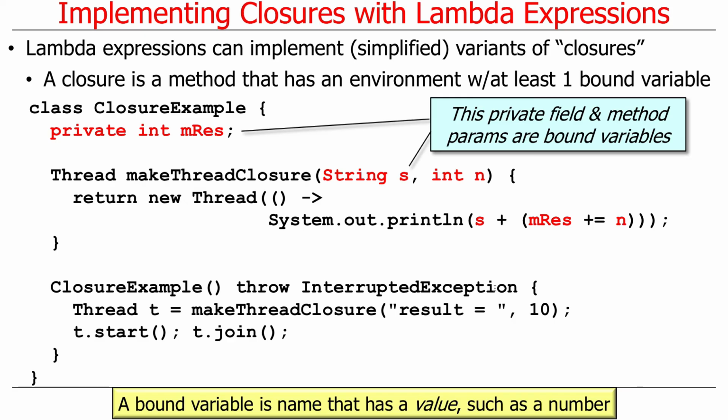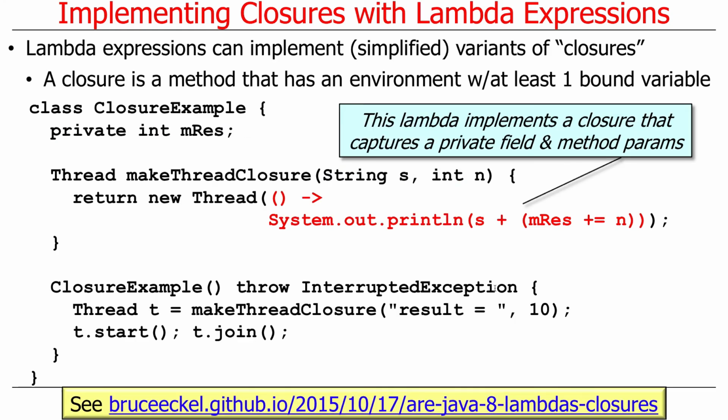And so we're going to be able to use those bound variables in the context of a lambda expression. Notice that this method, make thread closure, creates a thread that is going to have these variables bound into the lambda expression that's part of the thread that's being created.